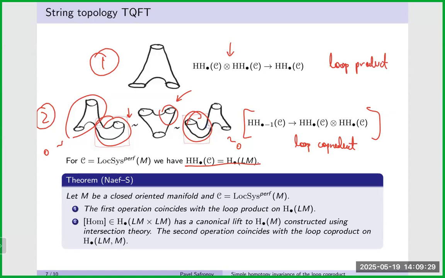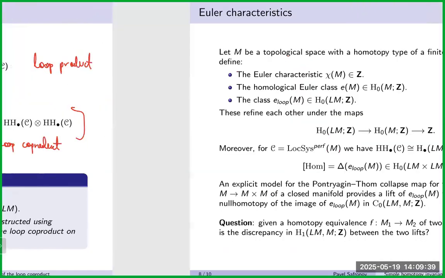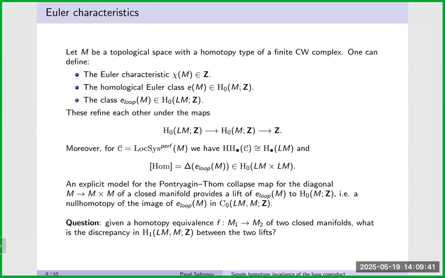Okay, so before I get into this simple homotopy theory, I just want to explain these kind of Euler classes that appear here. So if you have a topological space, something you can do is try to take its Euler characteristic.